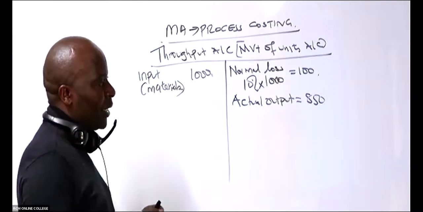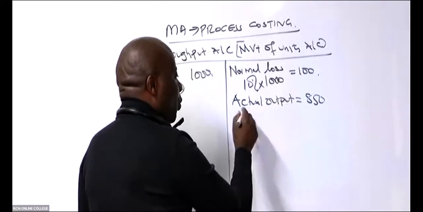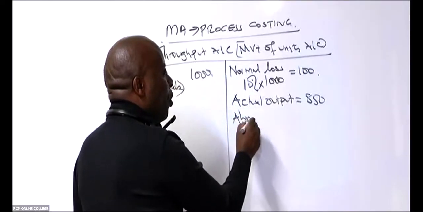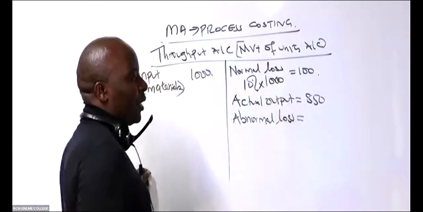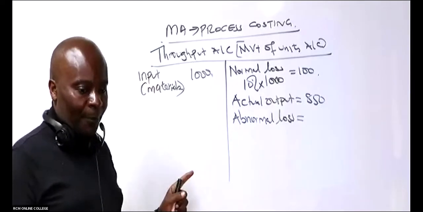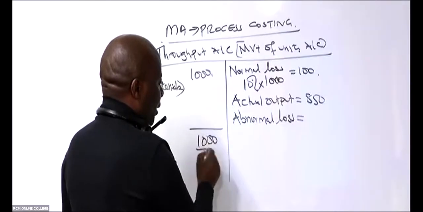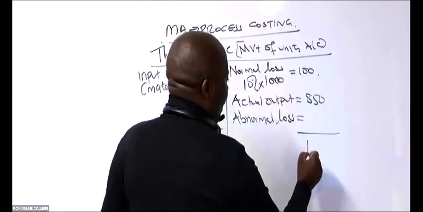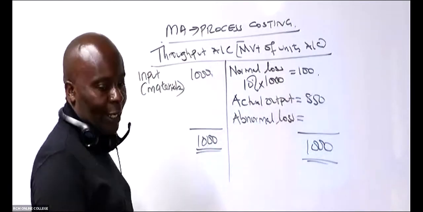If the balancing figure goes to the credit, we call it an abnormal loss. So, of course, I'll go to the credit because I can see this is 1,000. So 1,000 minus this will end up giving me how much?